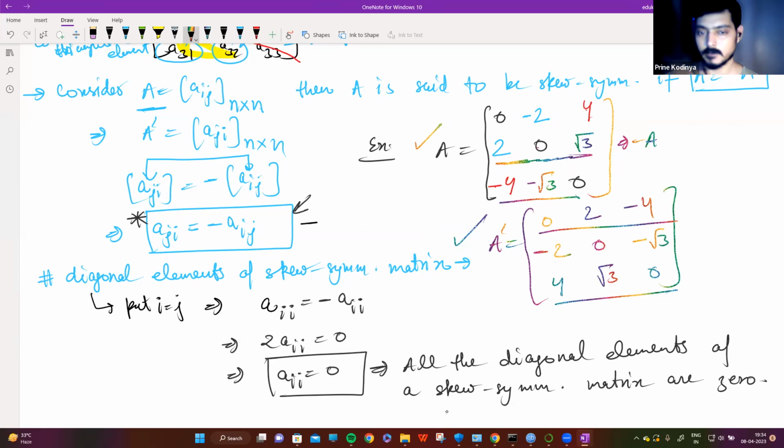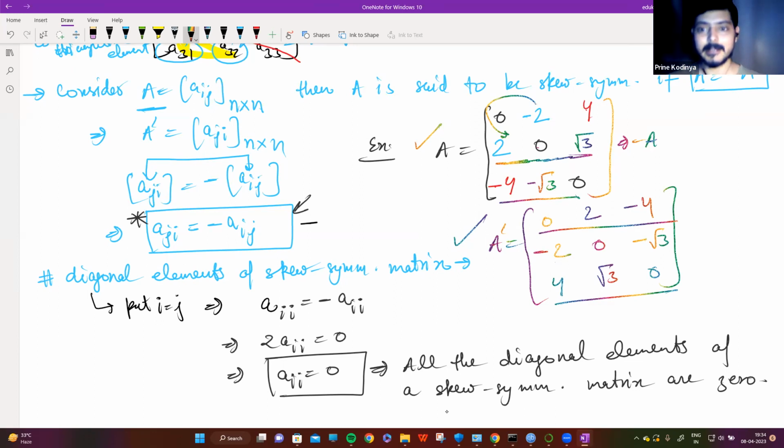And I'm sure you must have understood the logic of minus times as well. Because this has to come here, right? So if they are related to minus times, then these two elements should be related to minus times of each other. Now, what are we saying?